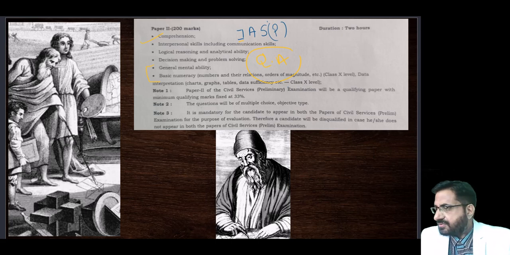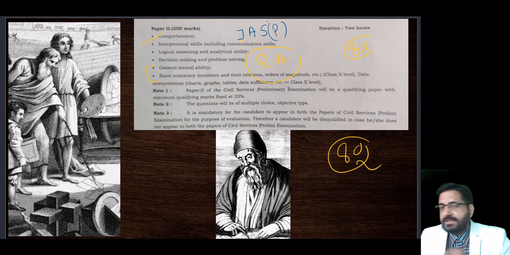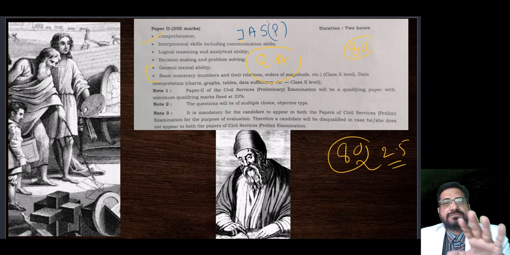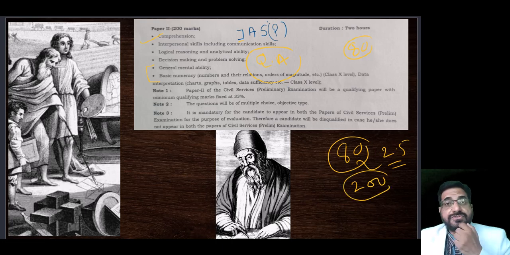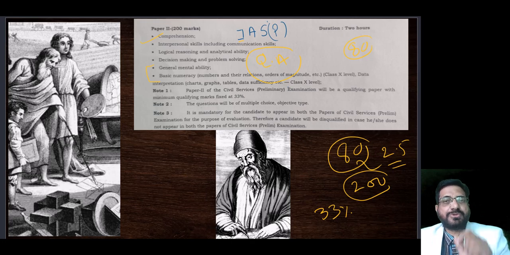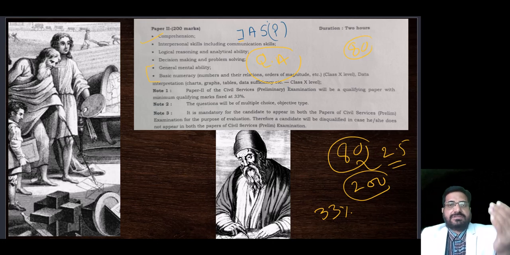See, Paper 2 will contain 80 questions. Each question will carry 2.5 marks, so the total number of marks is 200. Out of this 200, you have to score just 33% to qualify in Paper 2. Only then your Paper 1 marks will be considered for merit.